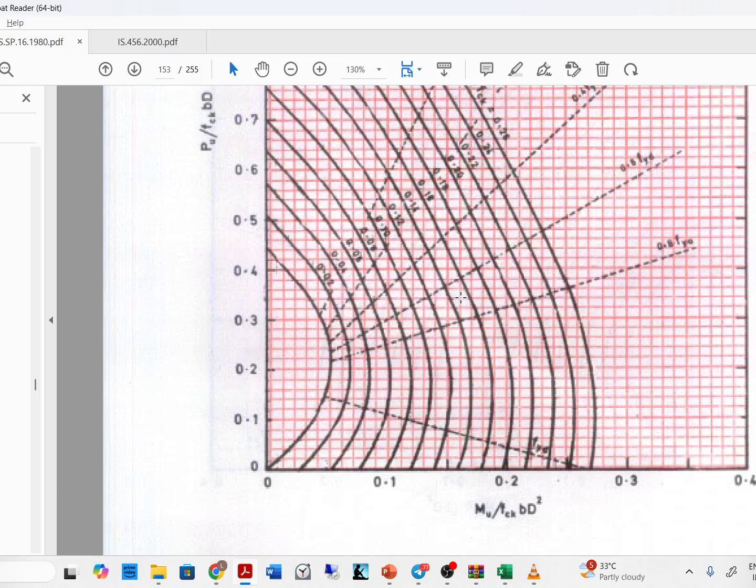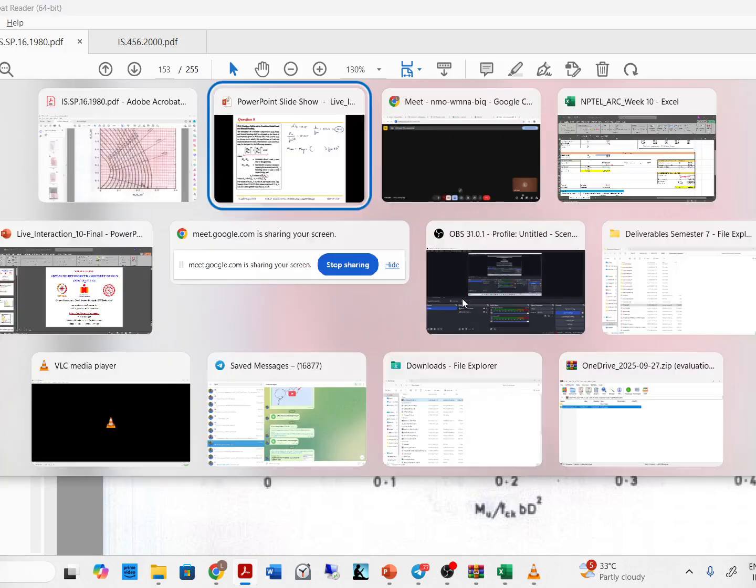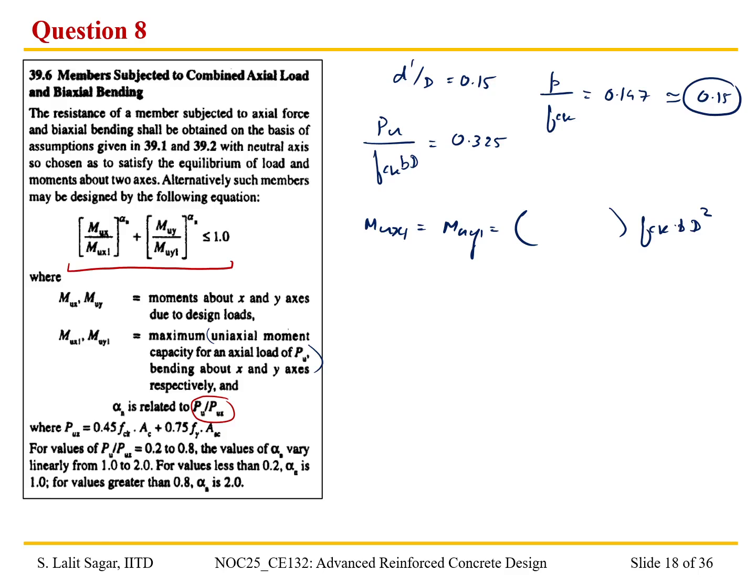So as a conservative estimate, I'm taking a value of 0.16. So mu by fck bd square, I'm considering it as 0.16. Let us see what the consequences of this are.